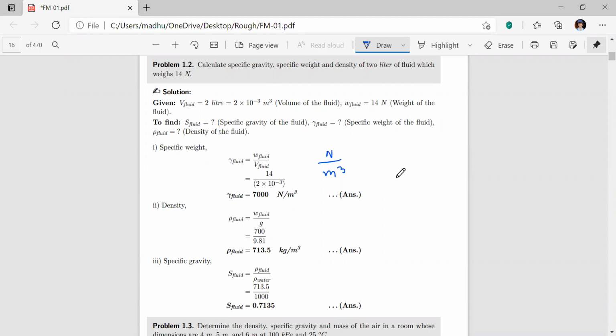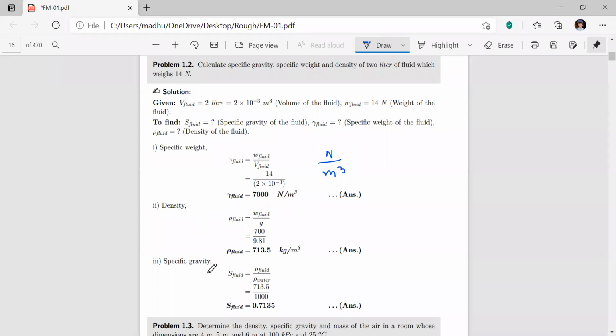Therefore, the conversion from liter to meter cube will be 10 to the power of minus 3. Therefore, 2 multiplied by 10 to the power of minus 3 will be in terms of meter cube. Therefore, 14 divided by 2 into 10 to the power of minus 3 will give you the specific weight of the fluid, that is 7000 Newton per meter cube.